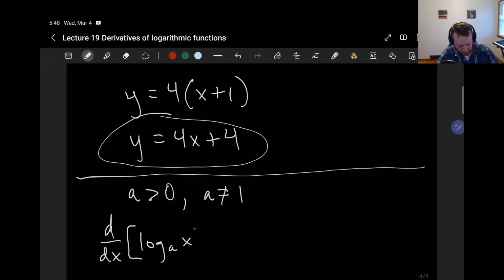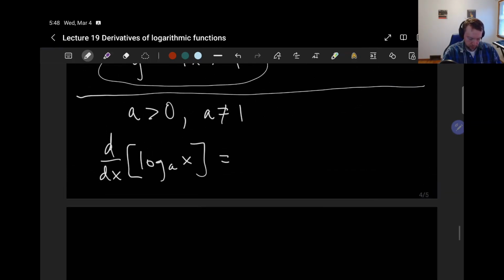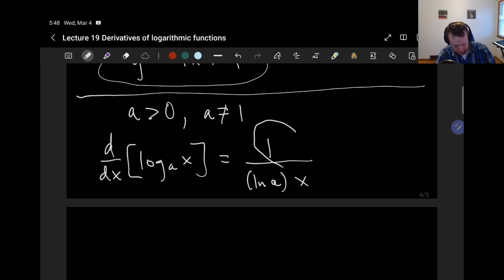So log base a of x, this is any logarithm, so its derivative will look pretty similar to the natural log formula. Remember, natural log is just the 1 over x part.